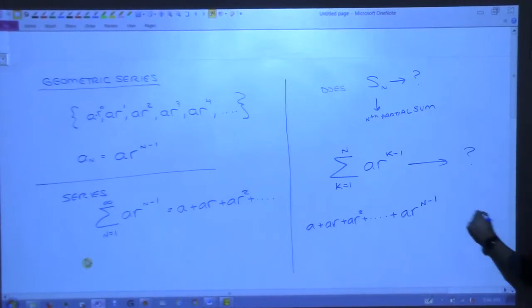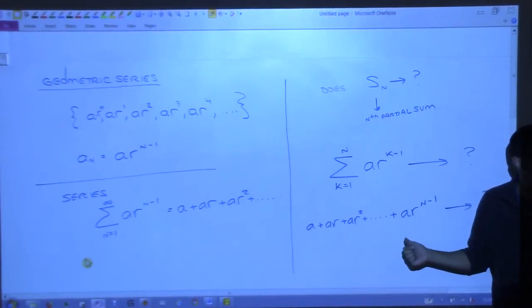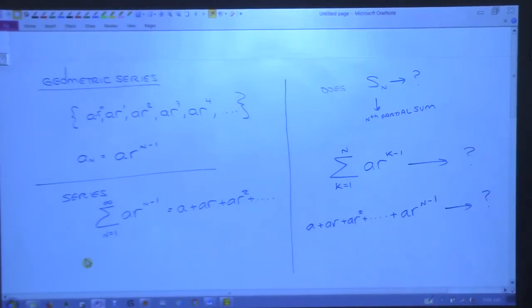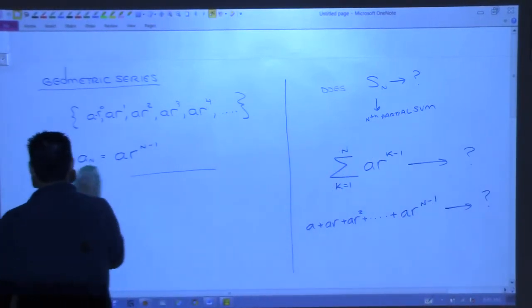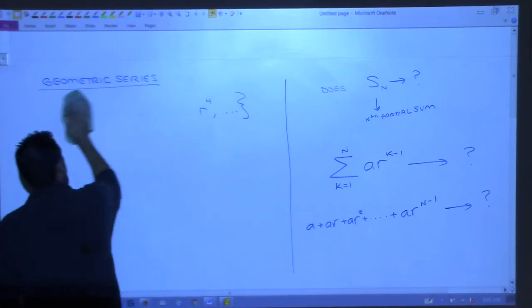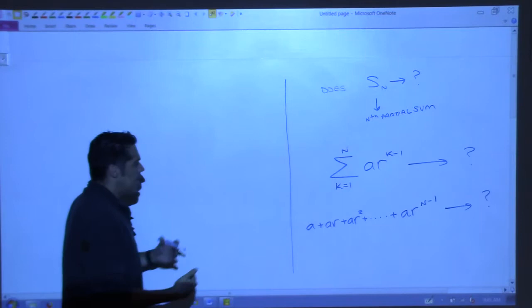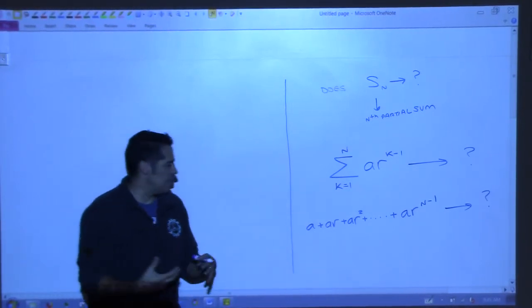And I'm asking myself, what does that go to? Which means I need to take the limit of this as n goes to infinity. And that is very difficult to do. Because what happens as n goes to infinity there? Think about this in terms of just arithmetic.